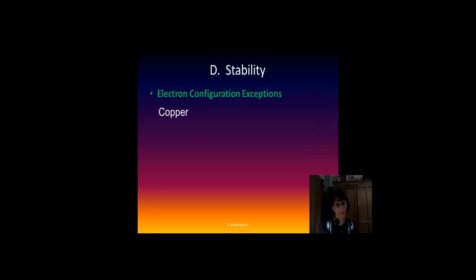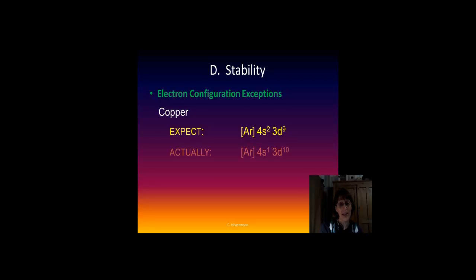Right. There are some exceptions, and I'm going to run through these really fast. The exceptions come about because they allow for more stability. So stability is more important and more natural than even using the lowest possible energy level. So copper is an exception. You would expect it to have 4s2, and then it fills in the 3d, and it's got 9 electrons.